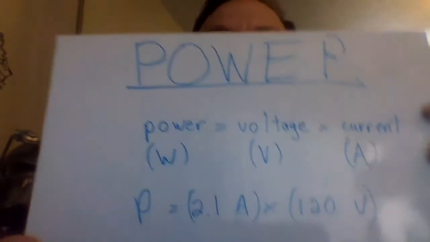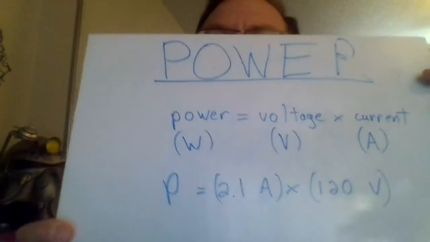So for example, if I was told that I had a 2.1 amp charger that was using 120 volts, we'd be able to take a look and see how much power that was using. Right? Now, we've got to be really careful when we look at our different devices.